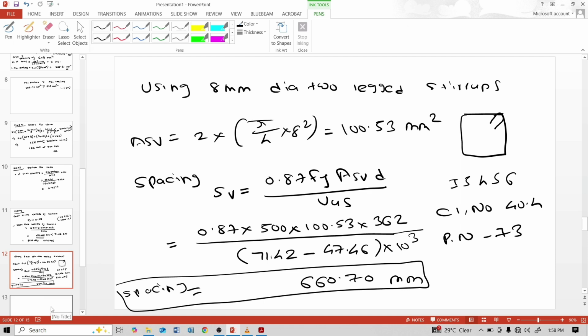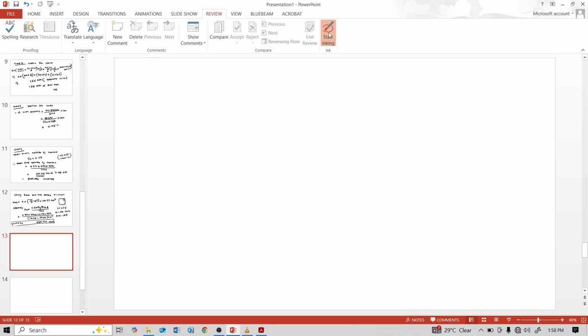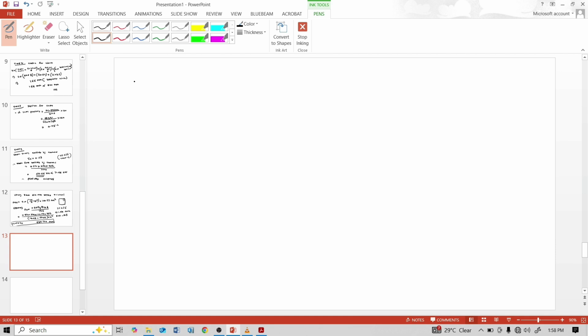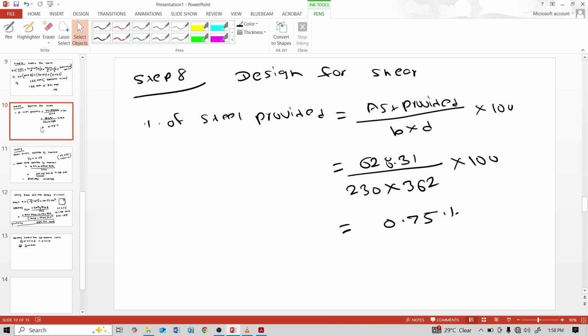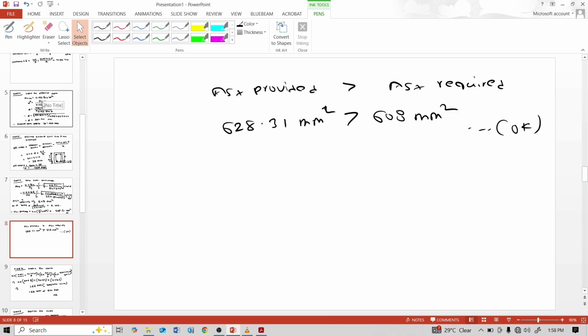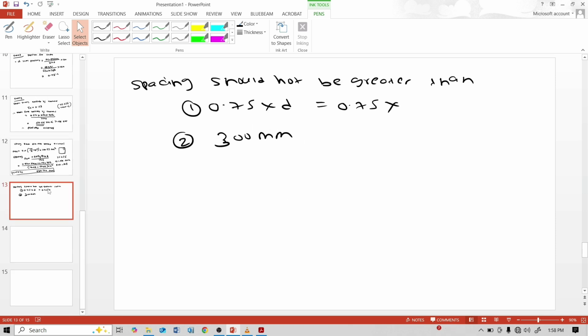So spacing should not be greater than, first, 0.75 into effective depth and second, 300 mm. 0.75 into our effective depth 362 mm, 0.75 into 362, value comes 272 mm.